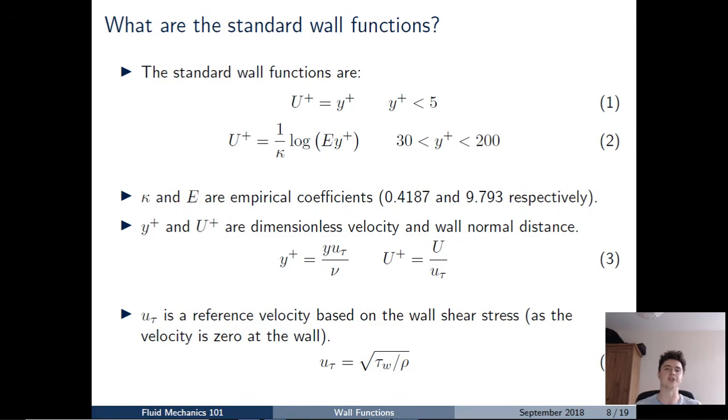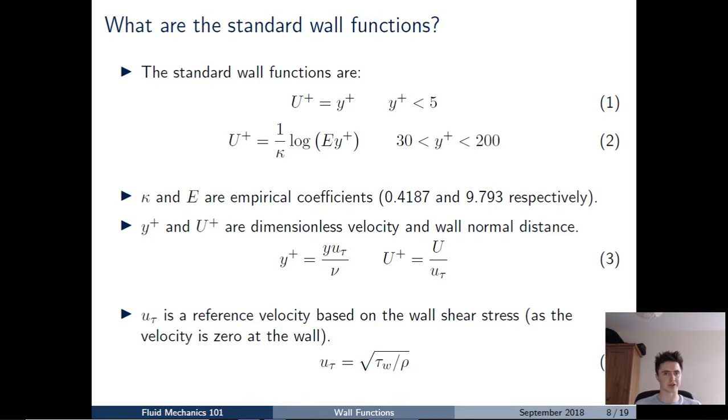But these are dimensionless quantities, and the reason we want to plot with dimensionless quantities is so that the behavior observed normal to the wall is universal, and it's valid for a range of flows with a range of geometries and flow speeds. And the quantity that we use to nondimensionalize those properties is a velocity called the friction velocity, or u sub tau.